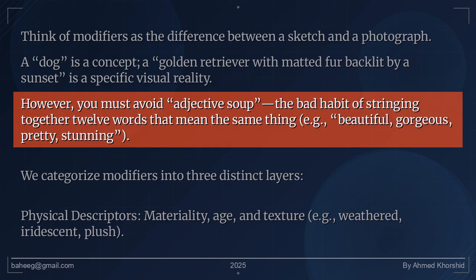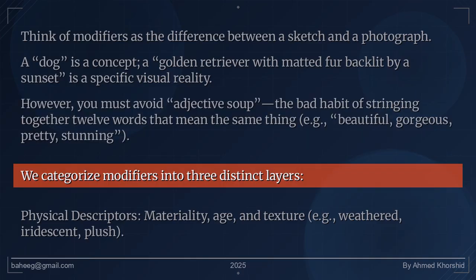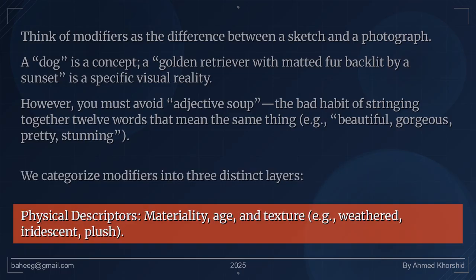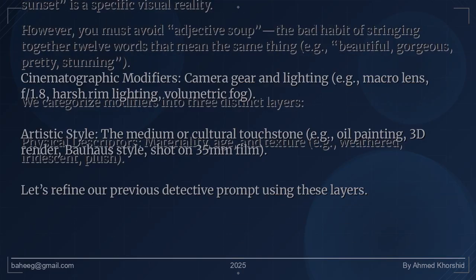However, you must avoid adjective soup, the bad habit of stringing together 12 words that mean the same thing, e.g., beautiful, gorgeous, pretty, stunning. We categorize modifiers into 3 distinct layers. Physical descriptors: materiality, age, and texture, e.g., weathered, iridescent, plush.